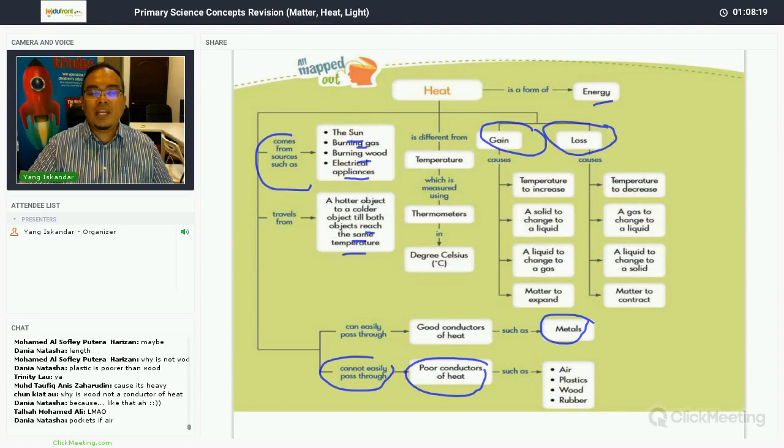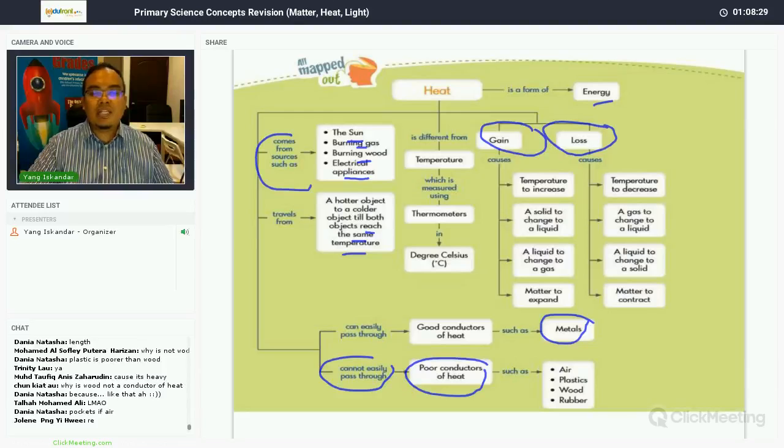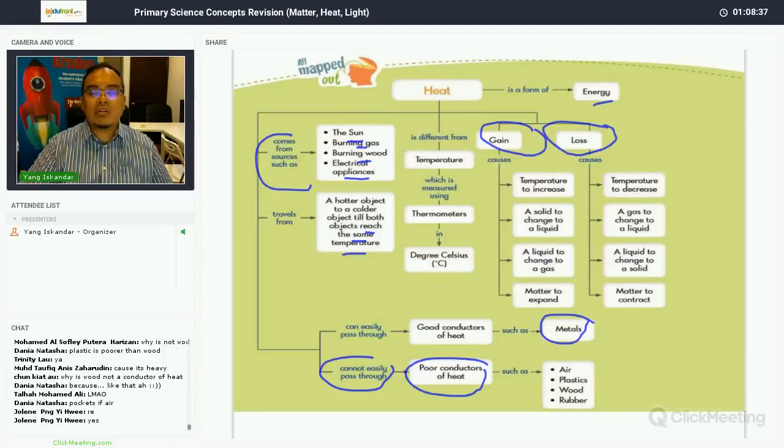So when air, a poor conductor of heat, is trapped by the fur of the polar bear, this reduces the body heat loss of the polar bear to the surrounding. That is why polar bears can adapt very well to surviving in the extreme cold condition in the Arctic region. In fact, many animals that survive the cold temperature of the Arctic region are very good at trapping air.